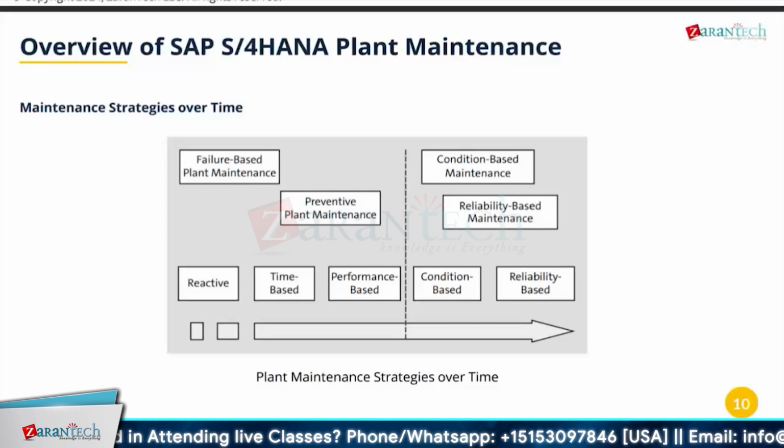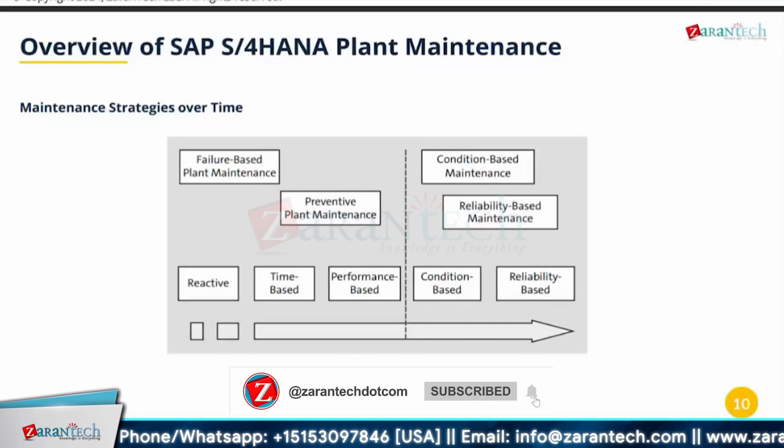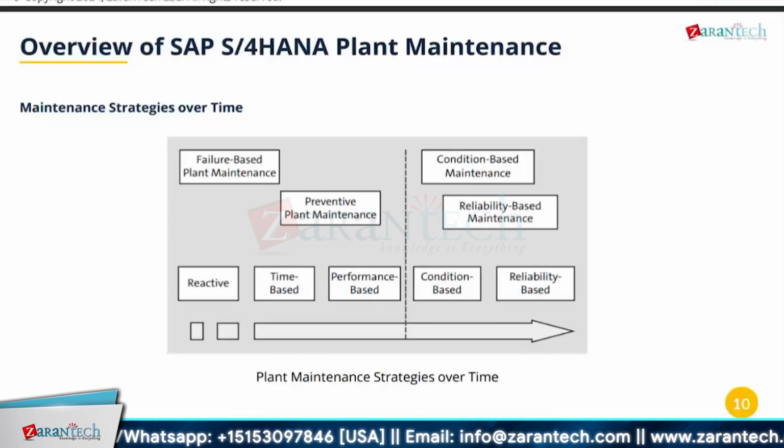That is also a failure. Since it's a failure, we react to it. We create the notification, or we create the service order. Likewise, we move forward to fix the problem. So that is failure-based plant maintenance.